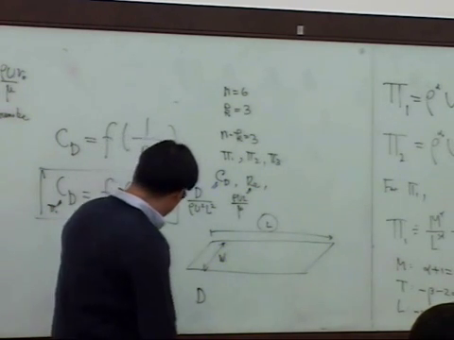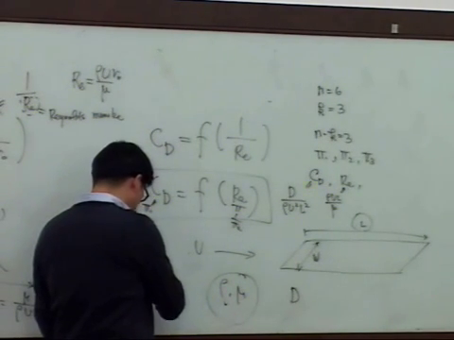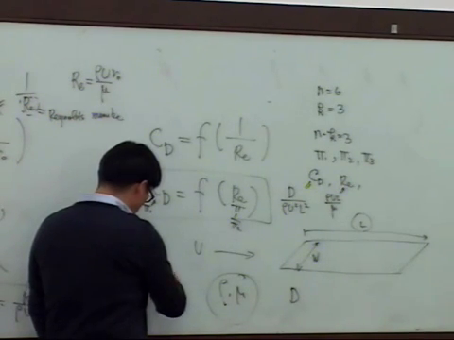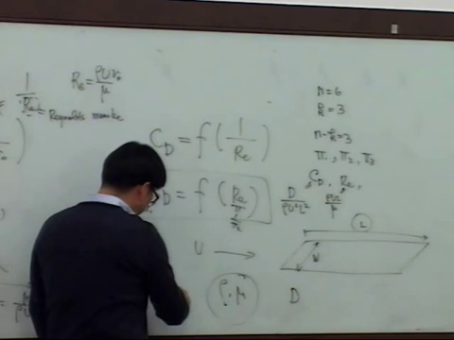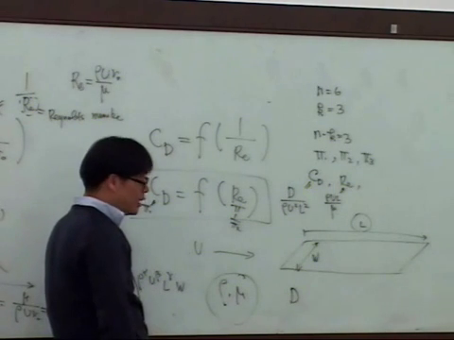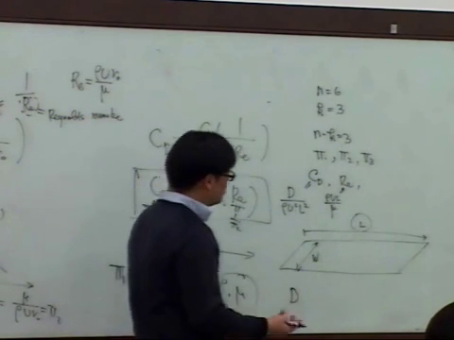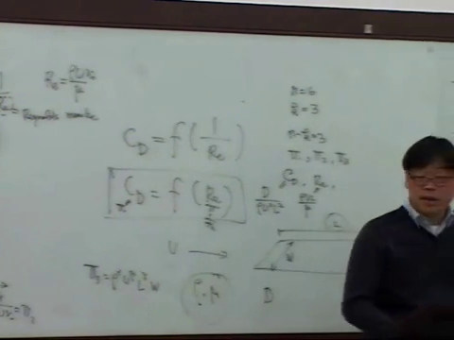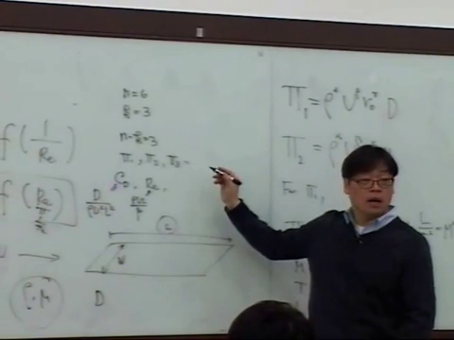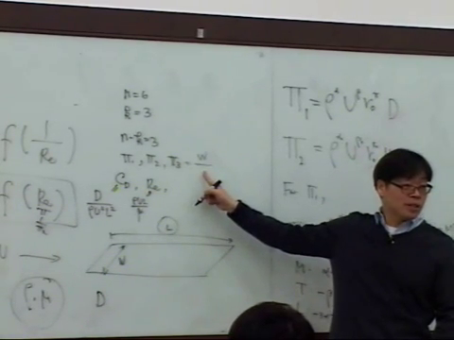Now, pi 3, you can do exactly the same thing: rho alpha, u beta, L gamma, and W. You can do it like this, but you don't have to do it. This time it's so obvious what the dimensionless parameter would be. What is it? Pi 3 has to be dimensionless. That has to be W divided by something to make it dimensionless.